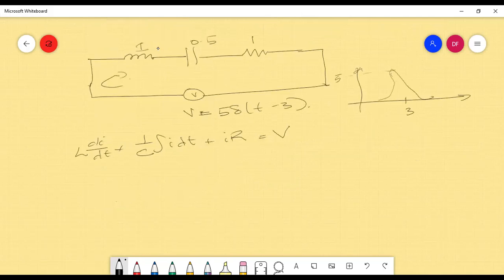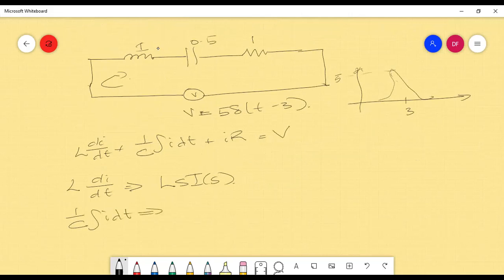L di dt, when we do the Laplace transform for that, is going to be L, and the derivative, as we said, is s, and the function is I, so it's L s I(s). I didn't do the integral, but let me just write it down.